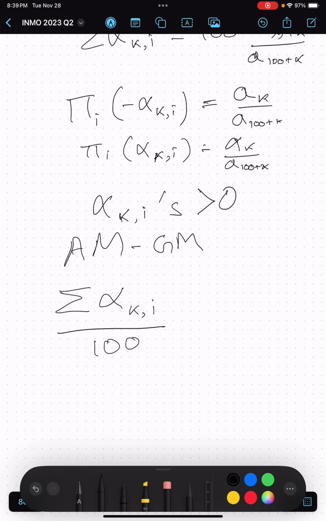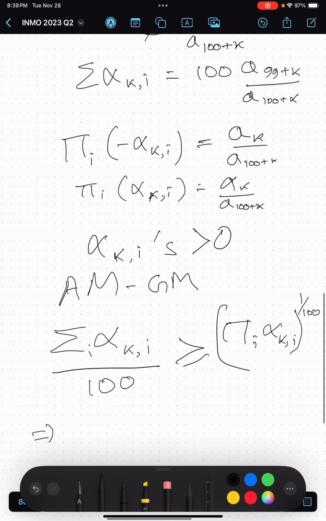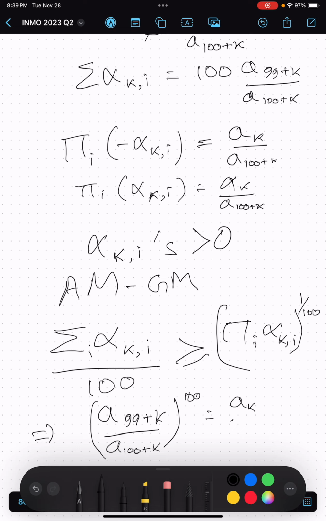Since there are 100 terms, by AM-GM we get from here, since the sum of the alpha_{k,i} is 100 a_{99+k} by a_{100+k}, that a_{99+k} by a_{100+k} to the power 100 is at least the product of roots, which is a_k divided by a_{100+k}.